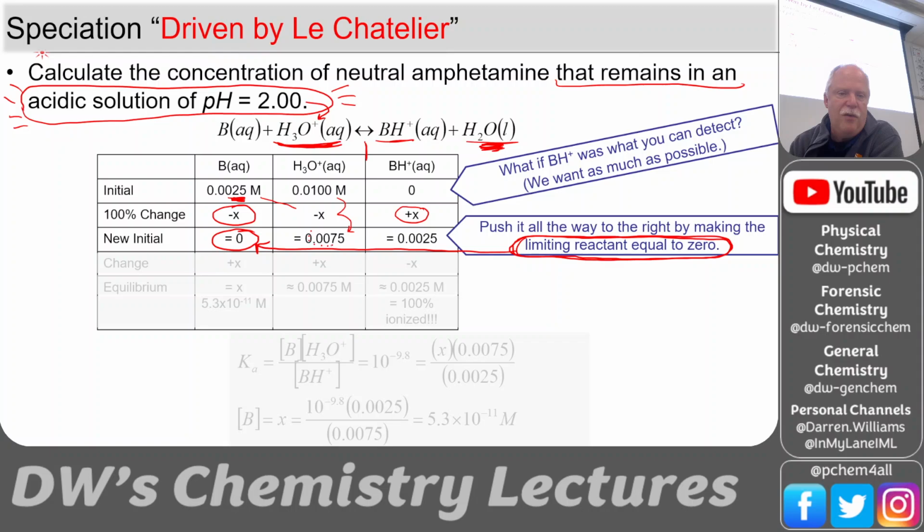But now we know how much acid we have, how much protonated base we have, and we've taken this all the way to 0. But you know, nature hates zeros. It doesn't want to do everything 100%. We can drive it all the way to the right on paper and then let it come back a little bit. So now we've got a new initial row. This is now the reactant.